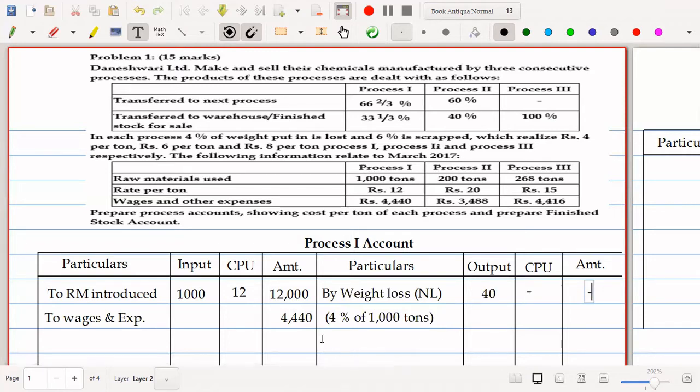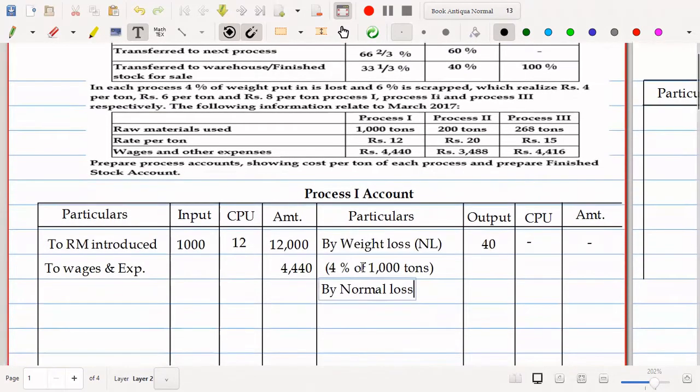And now let's go for by normal loss. Normal loss given in the problem is 6% of input. So 6% of 1000 tons, it comes to 60 tons.